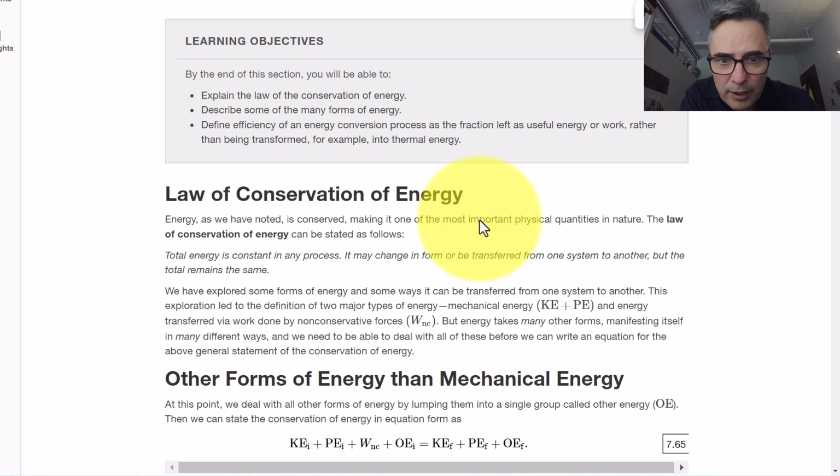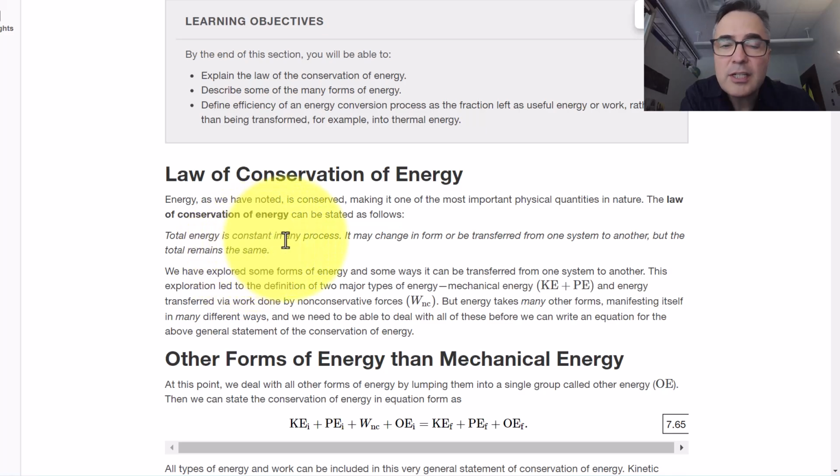This is one of the most important laws of all of nature, which is that total energy is constant in any process. It may change in form or be transferred from one system to another, but the total remains the same.